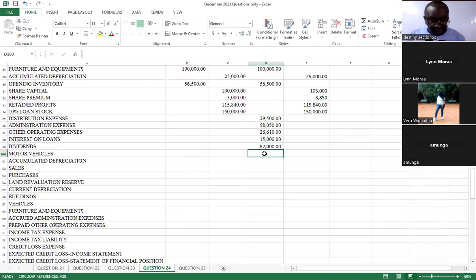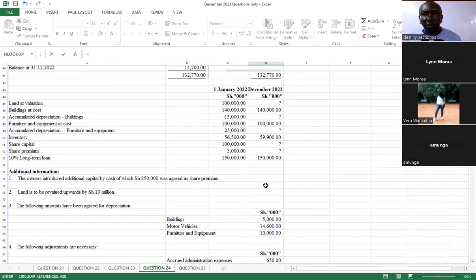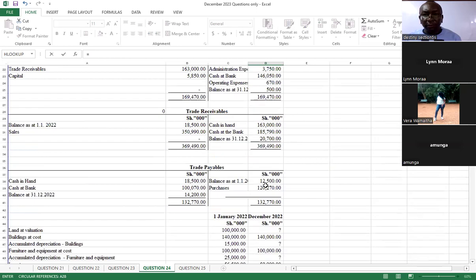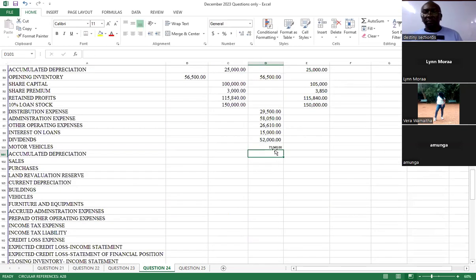After that, there is the motor vehicles. The motor vehicles, we are given the cost. This one. So you enter. So then from there, we have sales.